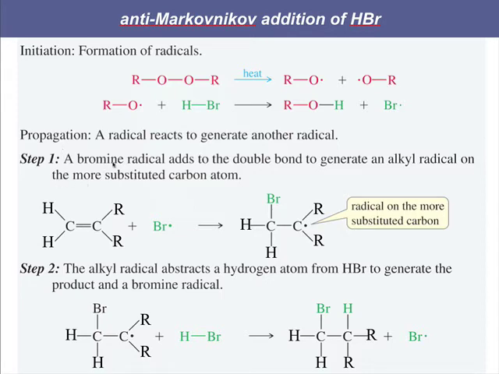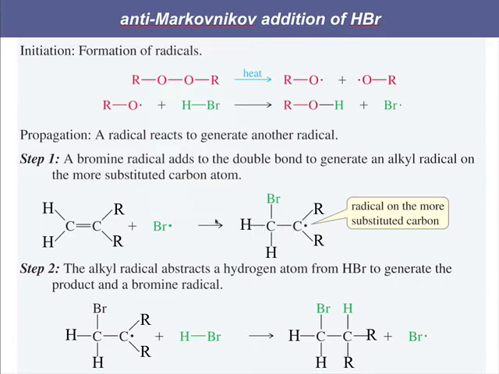Here, the bromine radical adds to the double bond in such a way as to generate an alkyl radical on the more substituted carbon. So we're going to take one of the electrons from our alkene, one electron from our radical, and we're going to make a new bond to one of these carbons. The other radical that was in the pi bond gets put onto one of the carbons.